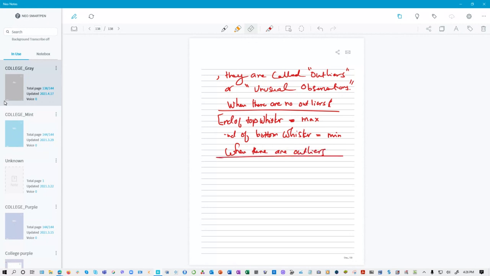Okay, end of whisker is not the max. It's going to be what? End of whisker, for the top one, the end of the top whisker is Q3 plus 1.5 times IQR.